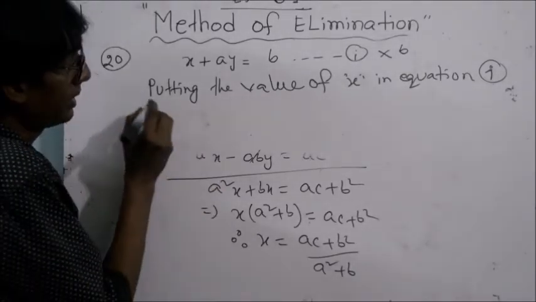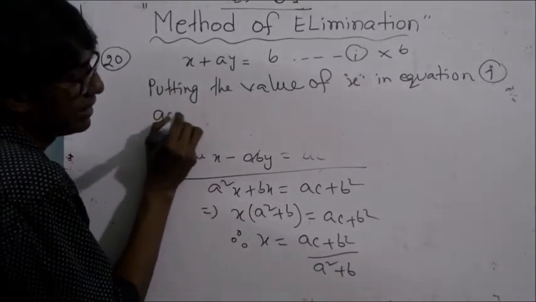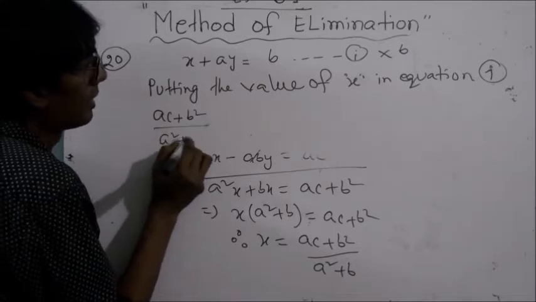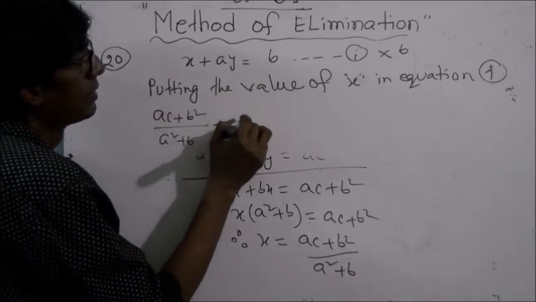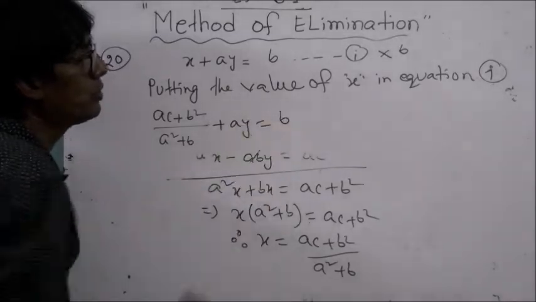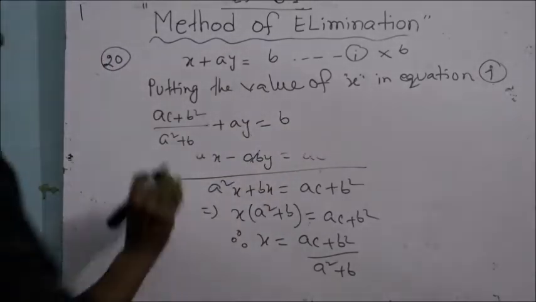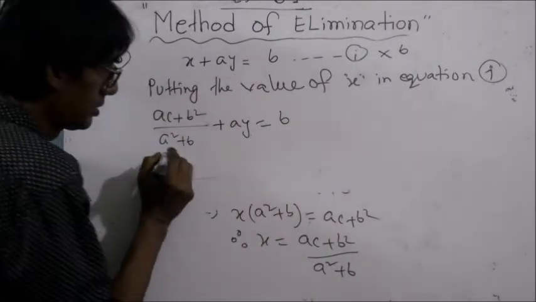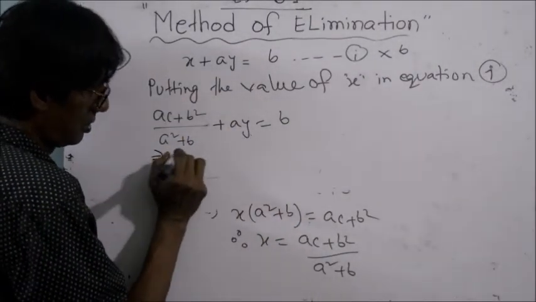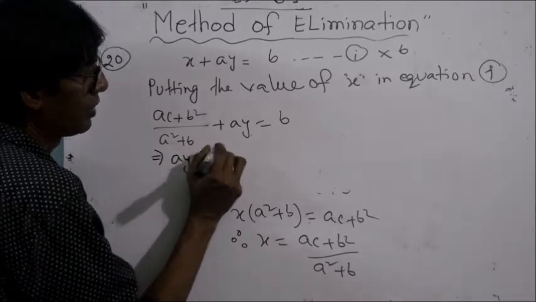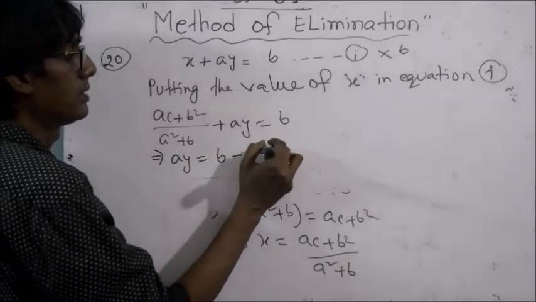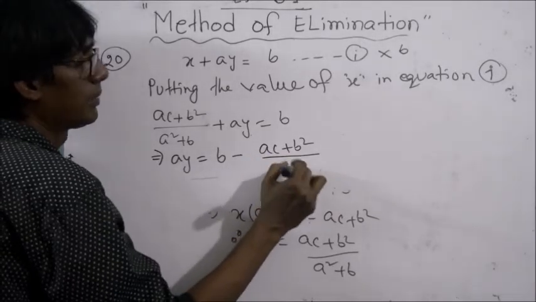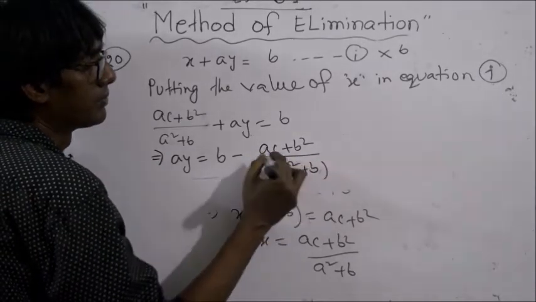So the value of x is (ac plus b square) divided by (a square plus b), plus ay equal to b. Convert this one here: ay equal to b minus (ac plus b square) divided by (a square plus b).